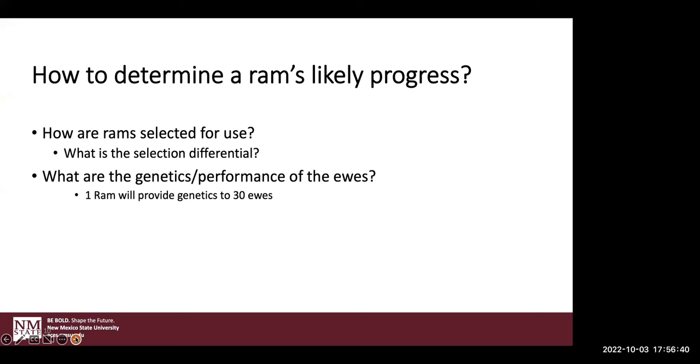And keep in mind though, what are the genetics that the ewes are providing? If you want to improve on those averages, that's where you want to find these superior rams. And that ram can really help quite quickly improve this progress simply because he will be covering hopefully at least 30 ewes. So next slide.